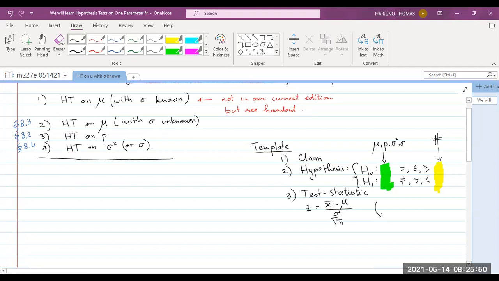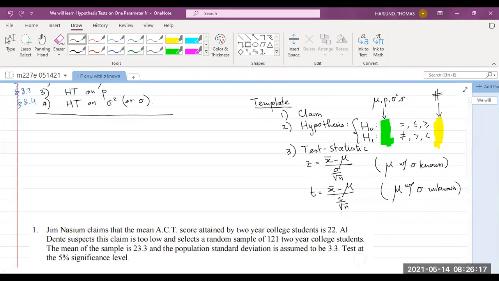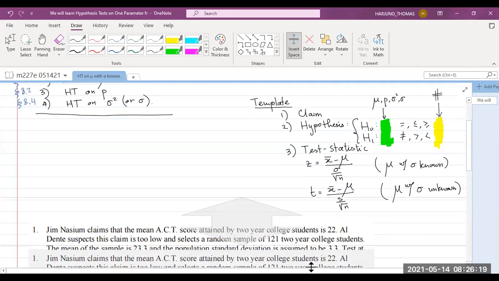That's if we are testing mu with sigma known. We'll use T score when we are testing mu with sigma unknown. Don't worry, we'll do that again later on when we deal with the problems.